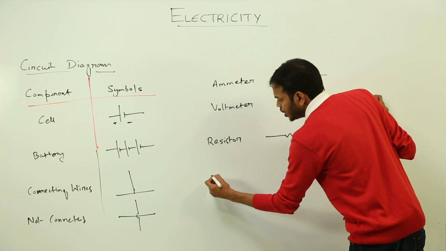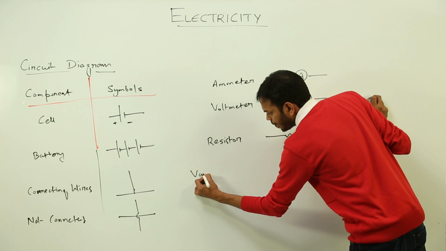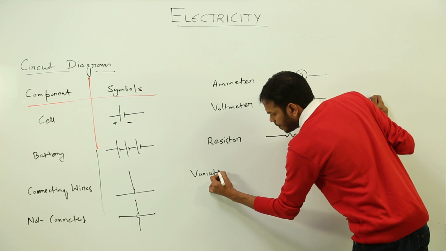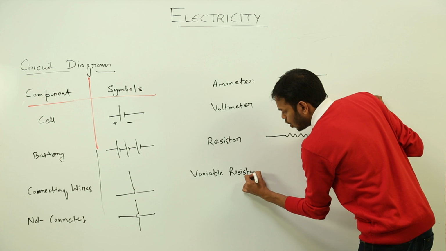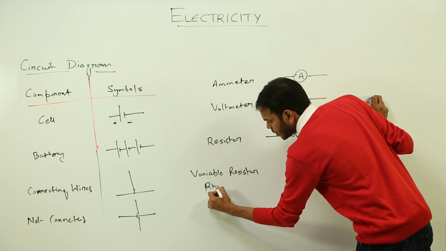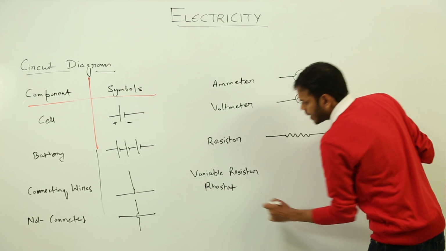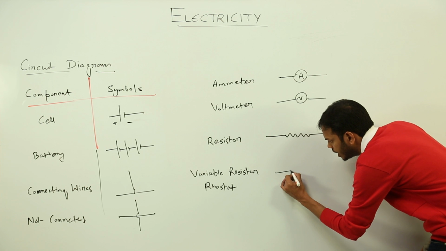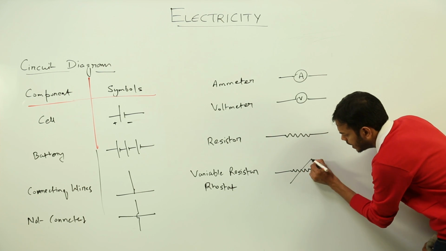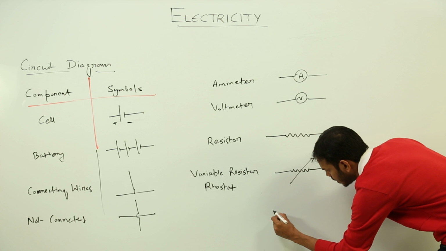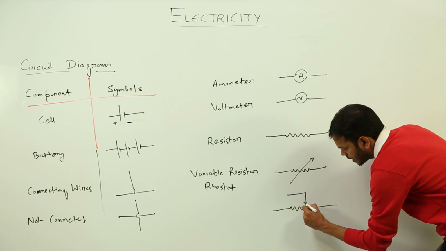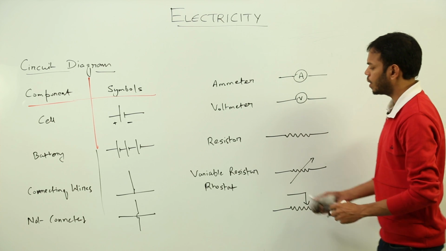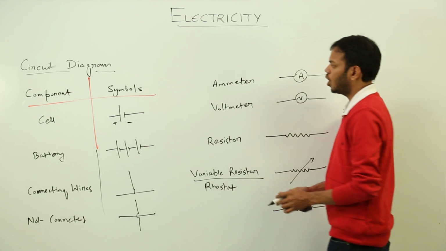So we want a changing resistor, and we call it a variable resistor, or a rheostat. The symbol is either this or this. Both are symbols of a variable resistor or rheostat.